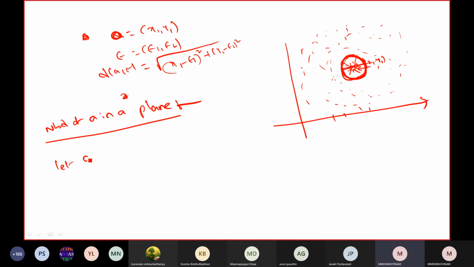Let A equal to (a1, a2) be any point in R square, and delta greater than 0.